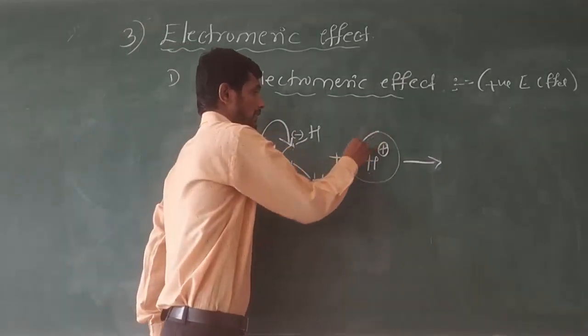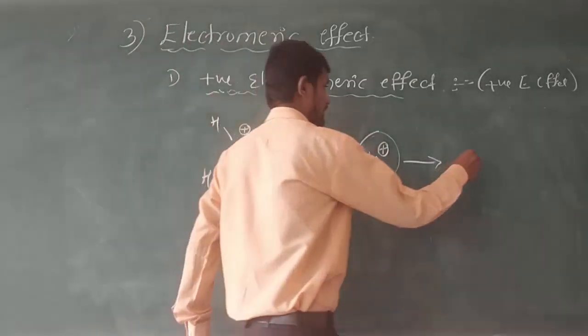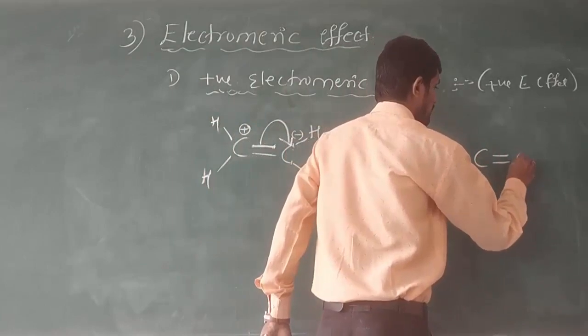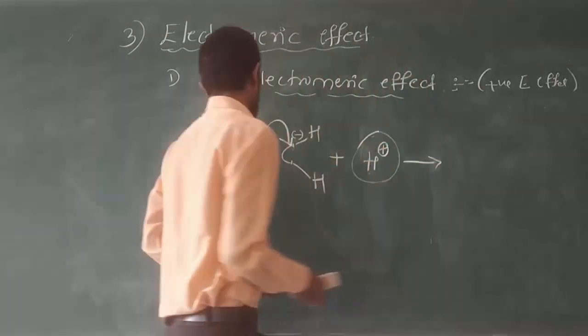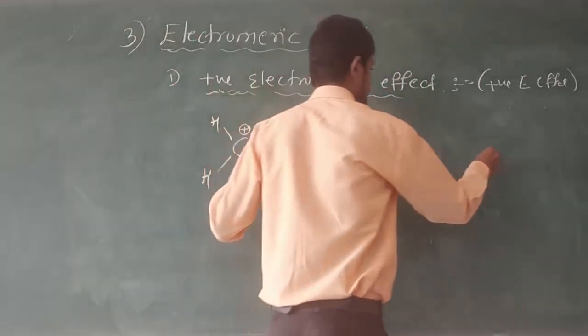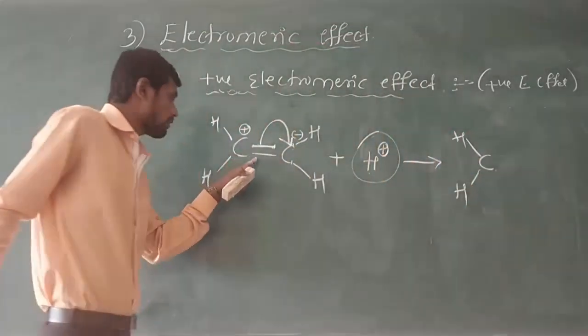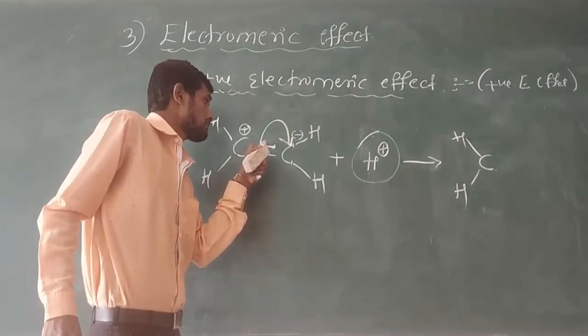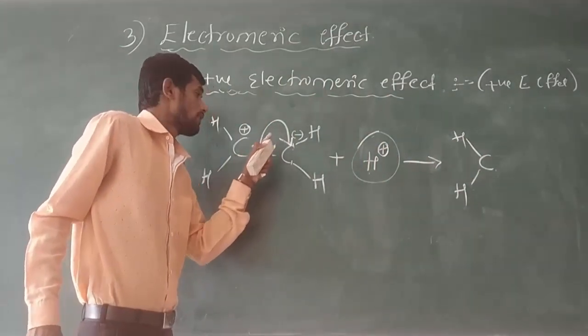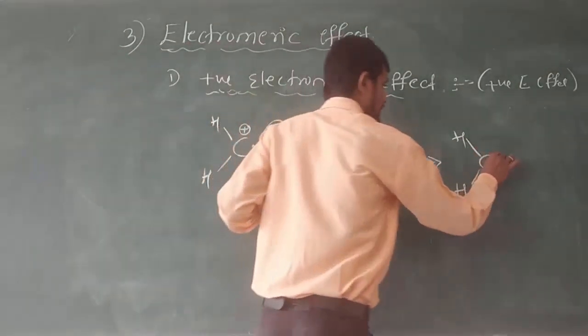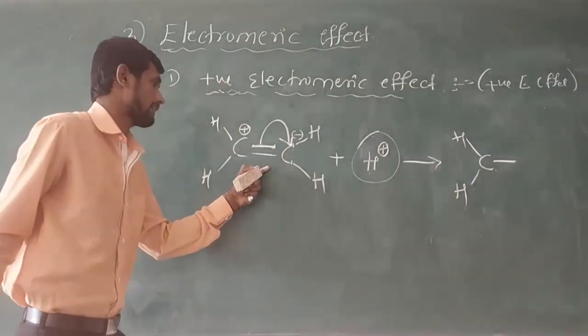Here, on the product side, first you observe this one C and these two hydrogen atoms. Now this double bond changes to a single bond. Is it right? Yes.